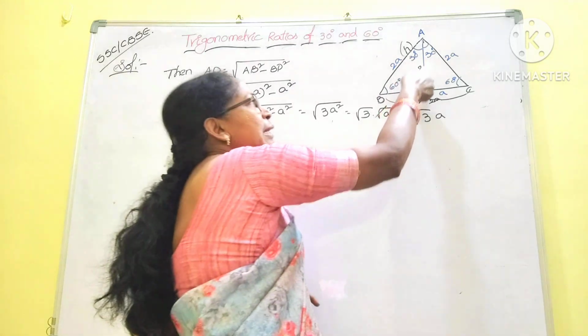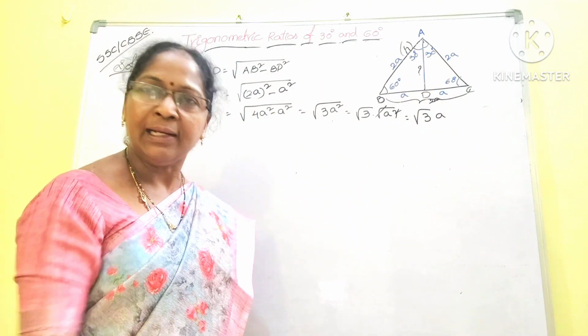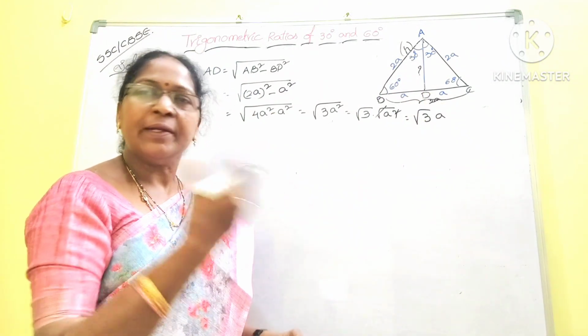Whenever we know the three sides of a right angle triangle, then you can find out the trigonometric ratios.